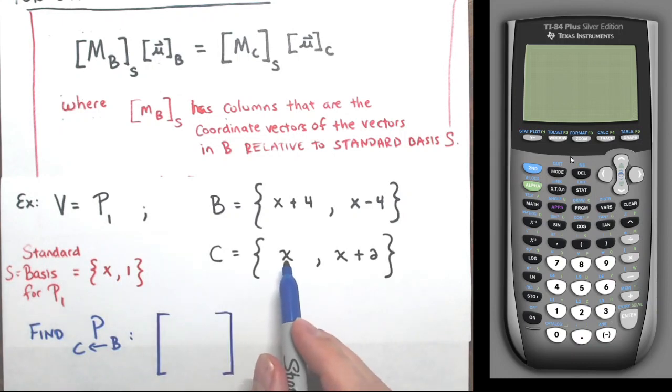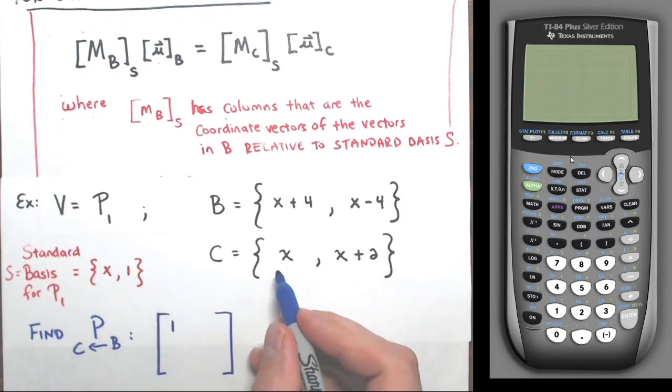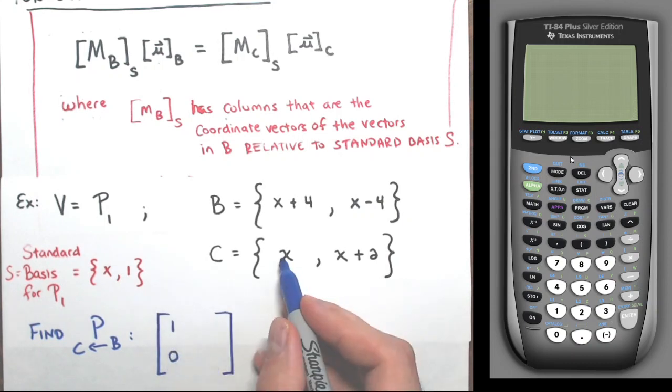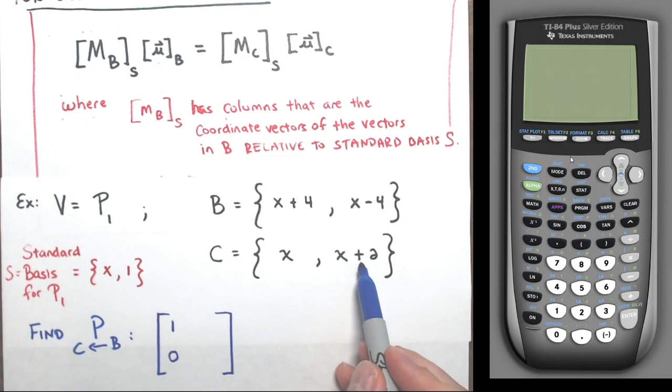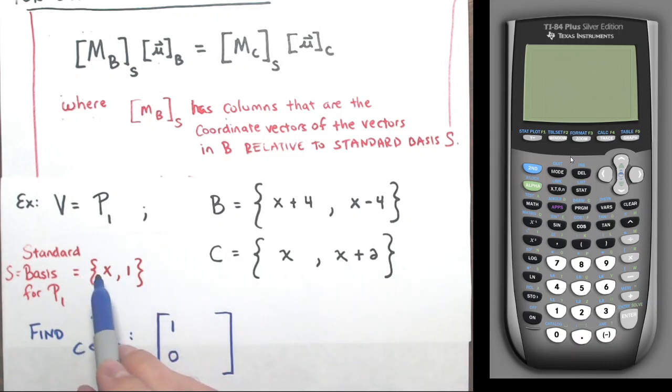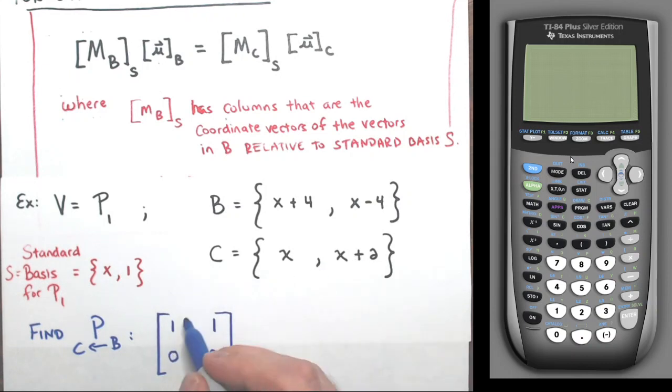So I see how x is 1 of the first vector plus none of the second vector. It's 1x plus 0 times 1. Then the second vector in C is 1x, 1 of the first vector in the standard basis, plus 2 of the second vector, 2 times 1. So 1, 2. So really just the coefficients going down.